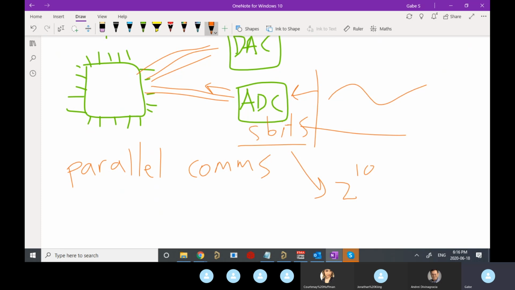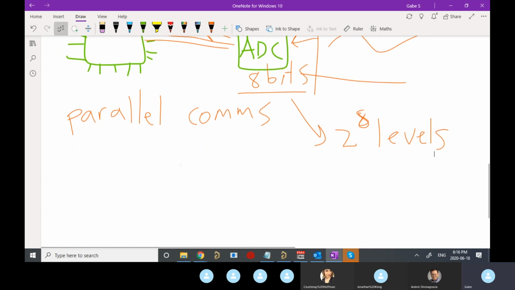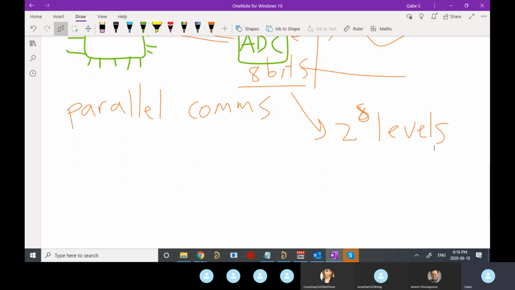So the total number of levels we'd have is 2 to the 8 different levels for our digital signal. And usually you can represent this in a variable that's 8 bits wide, right? So an 8-bit variable could store our digital value. Now, how do we actually send those 8 bits from the ADC to the microcontroller, right?